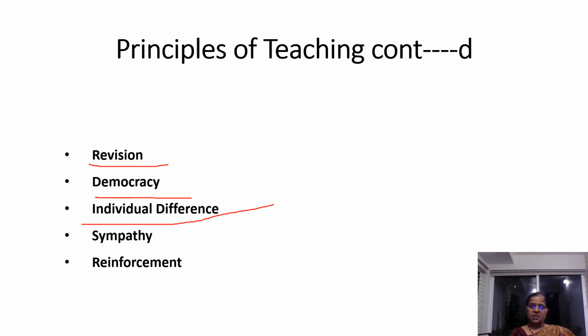And simply, the teacher should be kind, and she should be accessible for all students, otherwise the students will run away. And reinforcement, you should give. In order for effective teaching to take place, the teacher should use the principles of reinforcement.